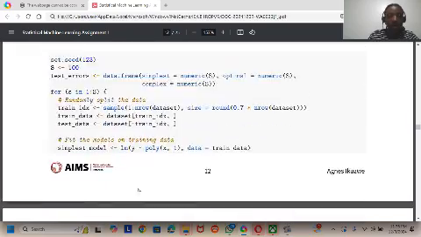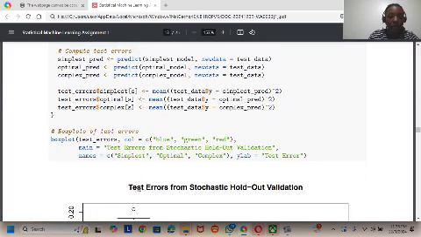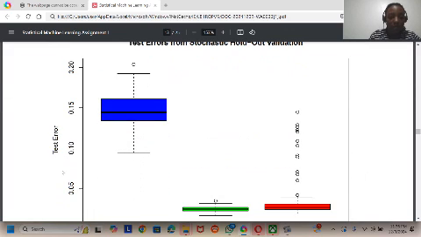I continued by comparing the test error across model complexity, where I have seen that the simple model has the highest test error, showing consistent underfitting and variability across splits. The optimal model demonstrates the lowest median test error with a minimal spread, indicating excellent generalization, and being the best of the three.